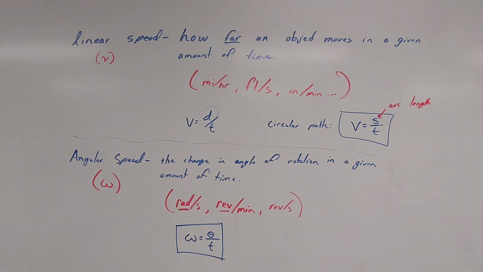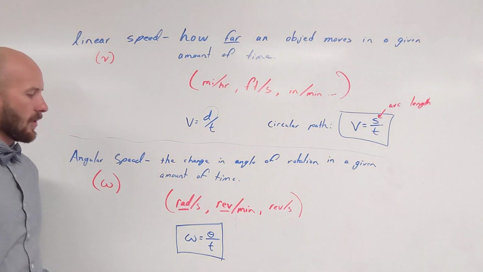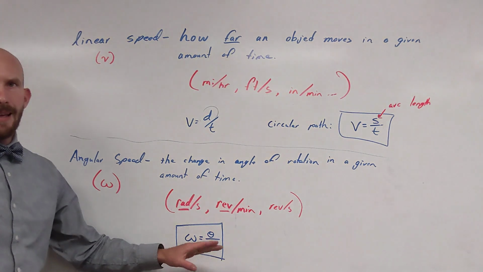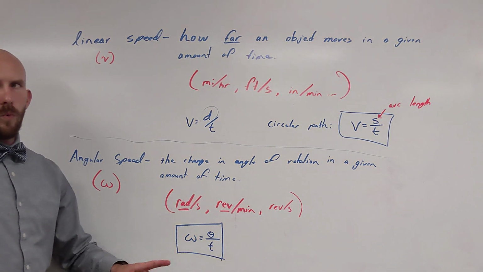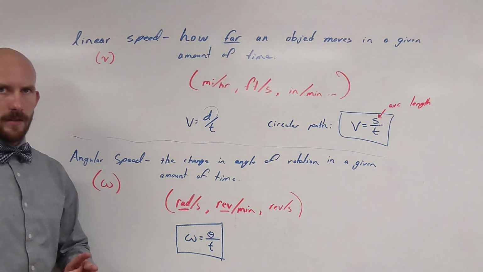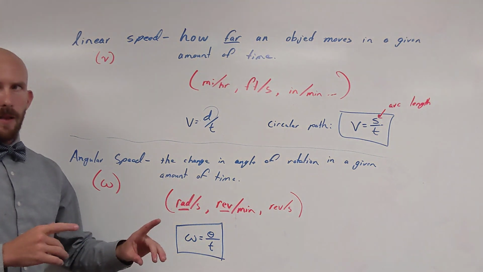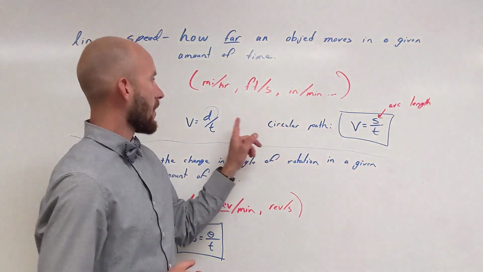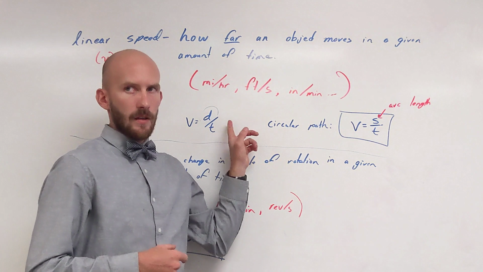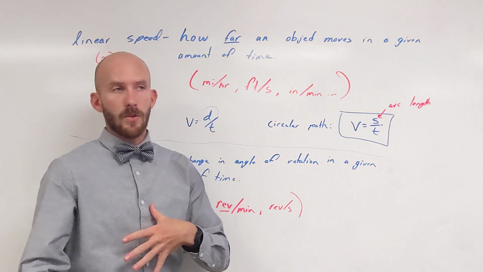Now, just to clarify something here, for this formula, it doesn't matter what theta is, just like here it doesn't matter what units of distance is, it's just going to affect the units of your answer.